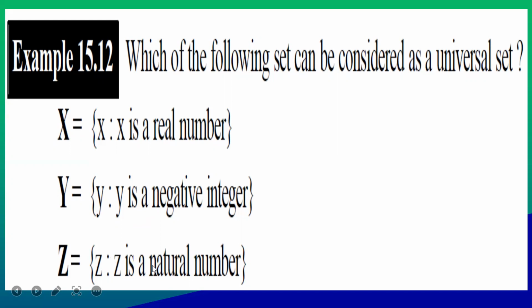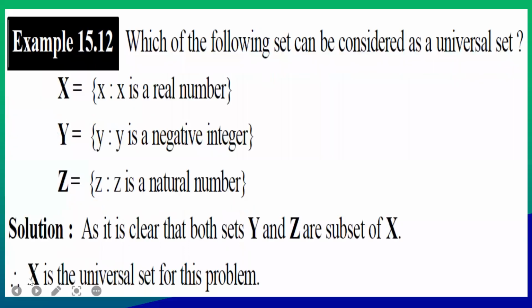We know that all natural numbers are part of real numbers. All negative integers are also part of real numbers. So here, the universal set is set X. Okay, set X is the universal set in the given problem.